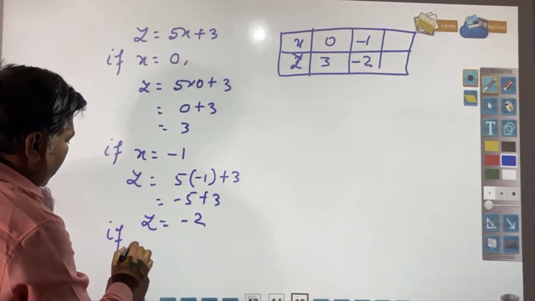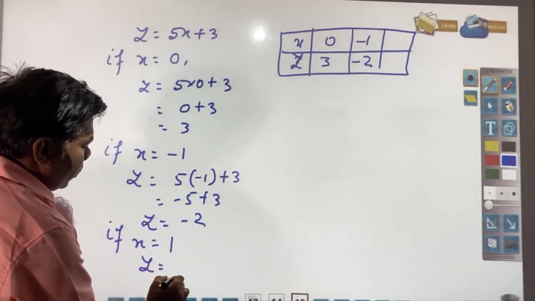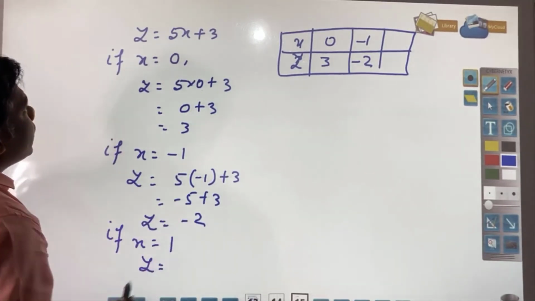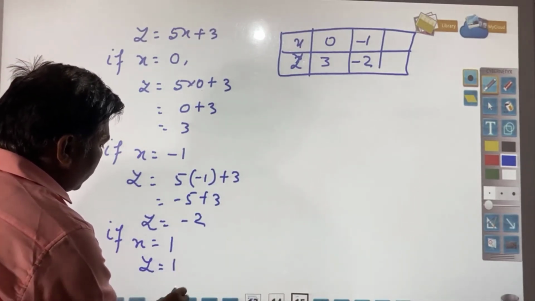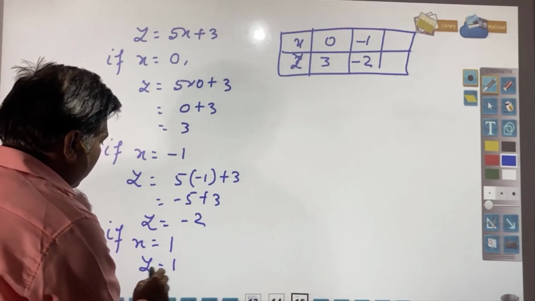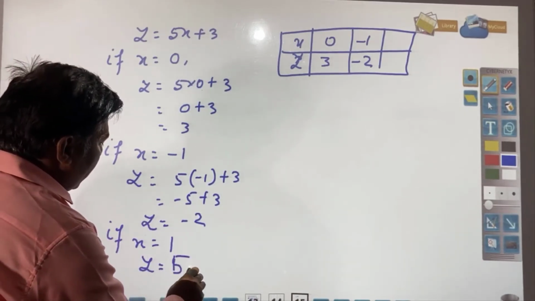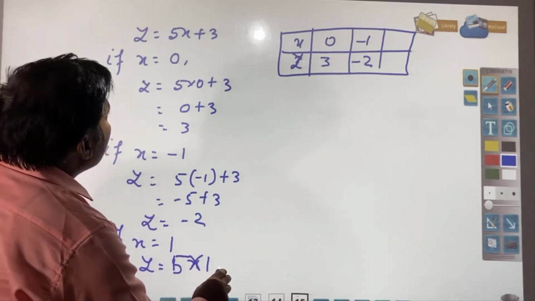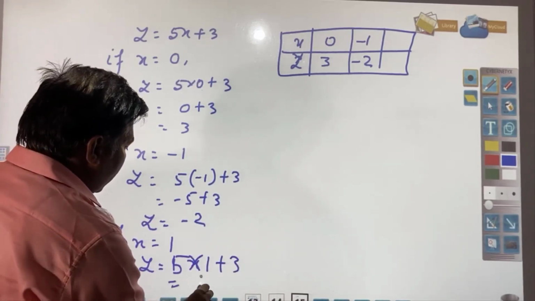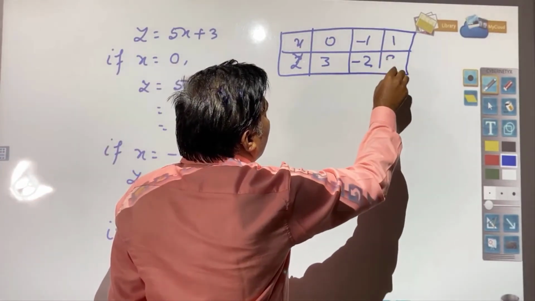If x is equal to 1 you assume, y will be equal to 5x, it means 5 into 1 plus 3, it means 8. So when x is equal to 1, y will be 8.